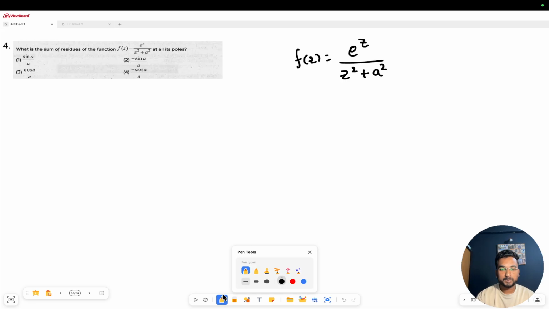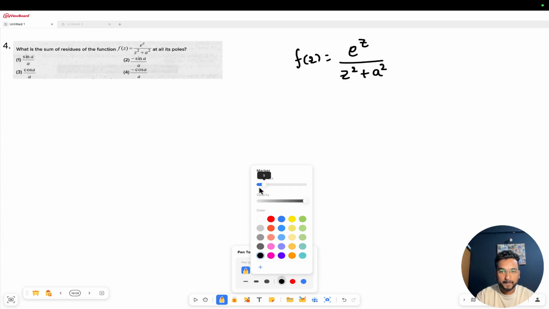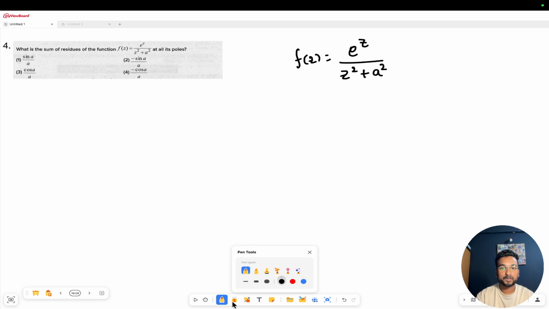Wait, let me correct the thickness of this. Okay, so if this is the function, what is the sum of residues at all its poles?